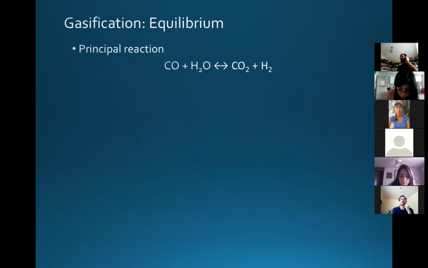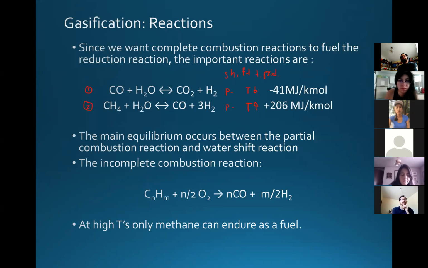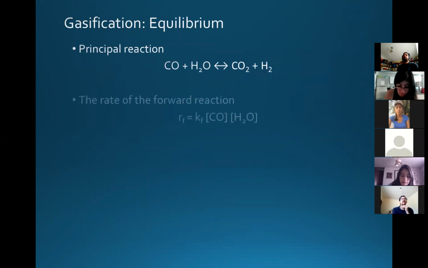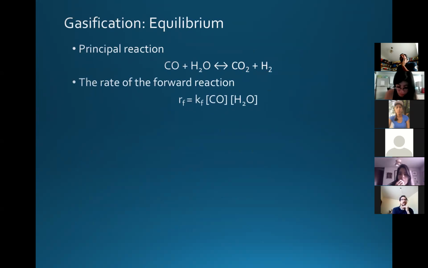Okay, so as we said, this is the principal reaction. So if you remember how to obtain the rate of a reaction, you need the rate constant of the reaction, in this case Kf. And for this reaction, we're only going to pay attention to the reactants, right?